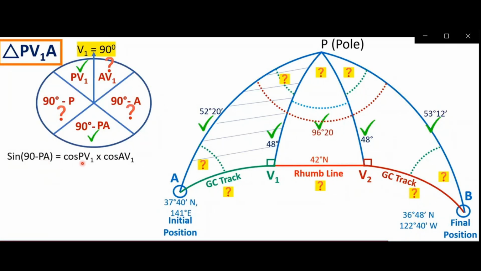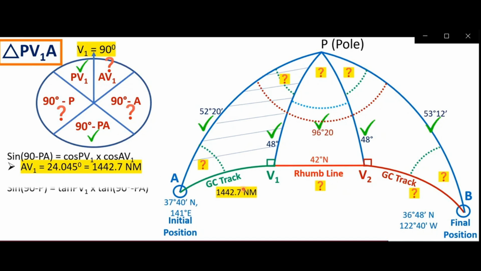Sine of the middle part is equal to product of the cosines of the opposite. When we put the values, we get AV1 is equal to 24.045 degrees, which multiplied by 60 becomes 1442.7 nautical miles. That is the GC distance from A to V1, and this distance we transfer to the diagram here.